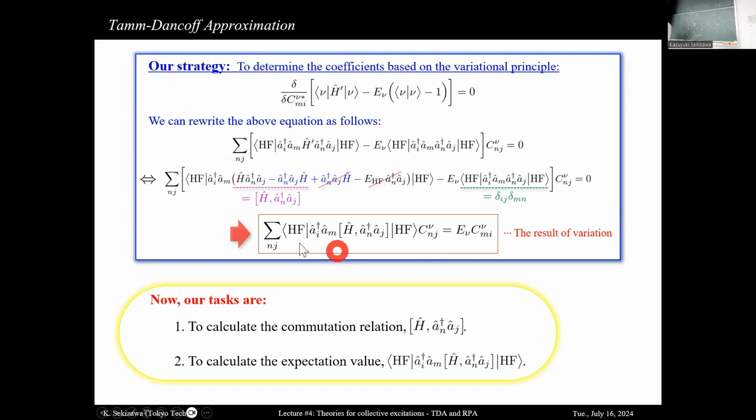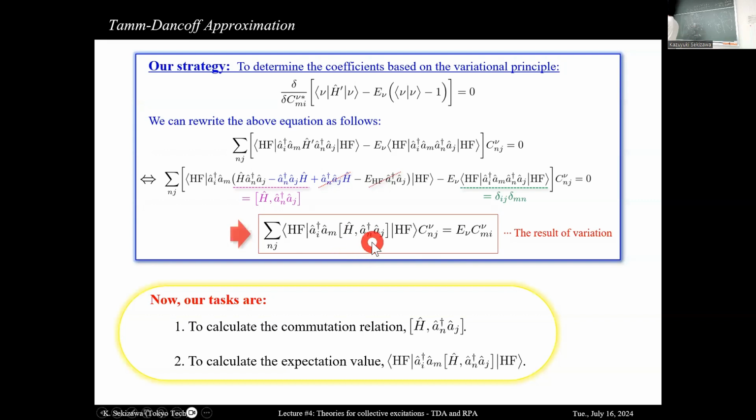But still, this left-hand side contains A dagger and A, so it is not visible how to solve this equation. What we need to do for now is to calculate this left-hand side into an easier form.